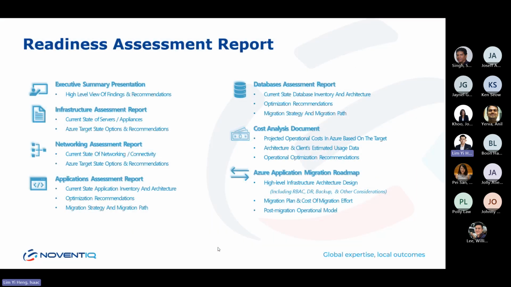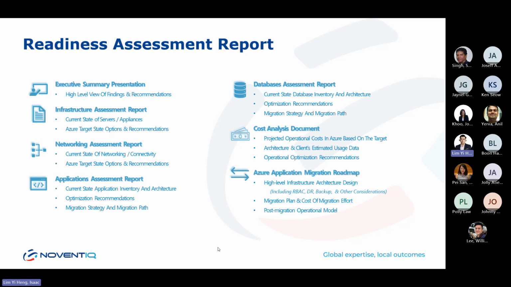Once we run the assessment for the customer to decide whether their workloads are ready to move to the cloud or not, we'll generate a detailed report that consists of the executive summary, which represents the high-level view of our findings and recommendations for their on-prem workloads to cloud, and also their current state of infrastructure assessment, their current state of networking, and application dependency when they're moving to the cloud.